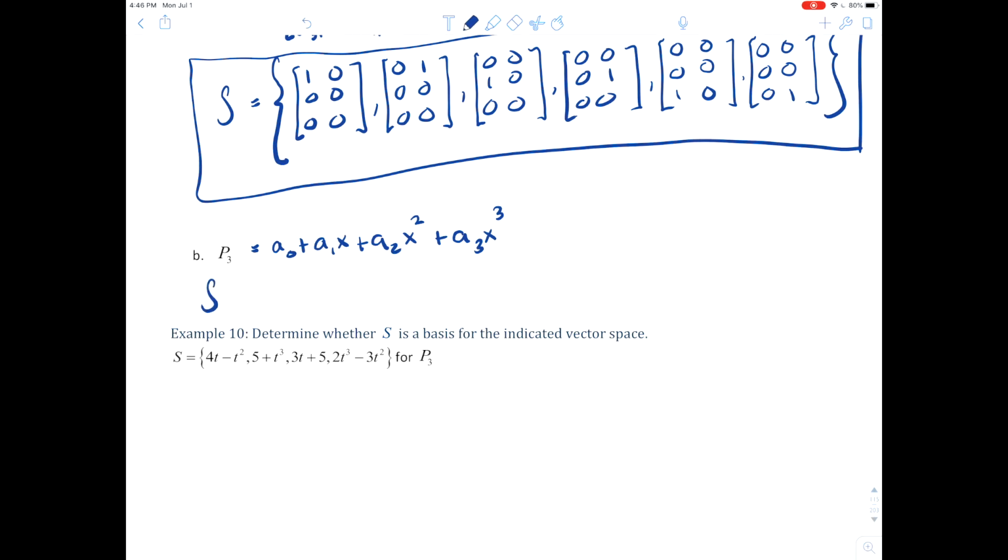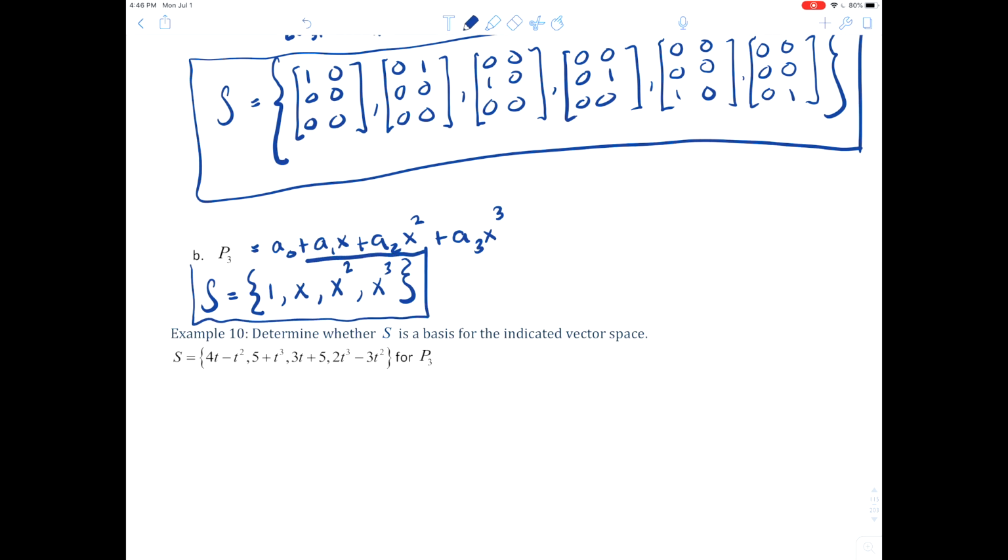So our standard basis ends up being, well, 1 plus 0x plus 0x squared plus 0x cubed is just 1. And then 0 plus 1x plus 0x squared plus 0x cubed would be 1x. And then 0 plus 0x plus 1x squared plus 0x cubed gives us x squared. And then finally, we get our x cubed.